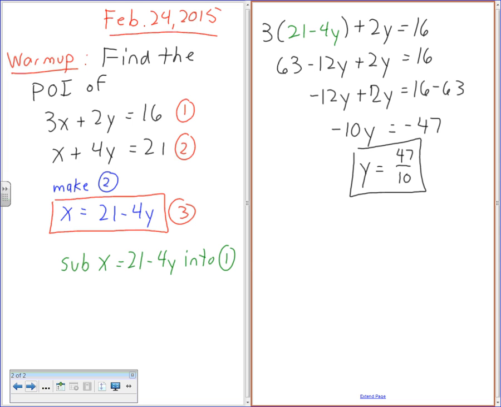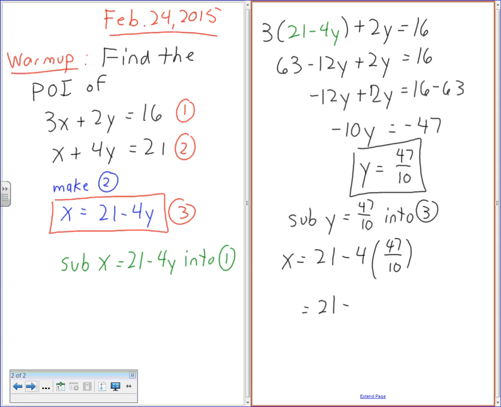So now we're going to sub y equals 47 over 10 into 3. Okay, so it says x equals 21 minus 4, yeah. And I'm sorry about the fractions. I miscounted in my head, I guess, when I made this question. Sorry. Okay, so 47, 21 minus, oh boy, 160, what is that, 188 over 10?